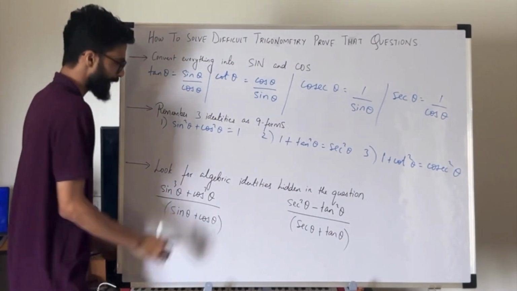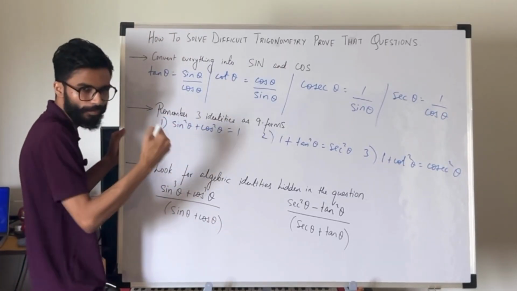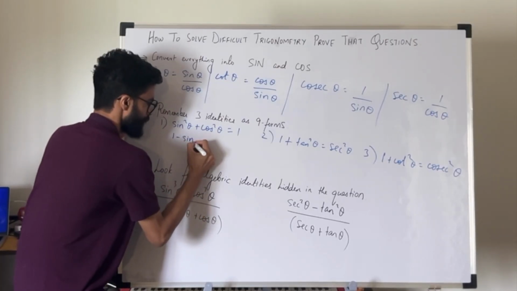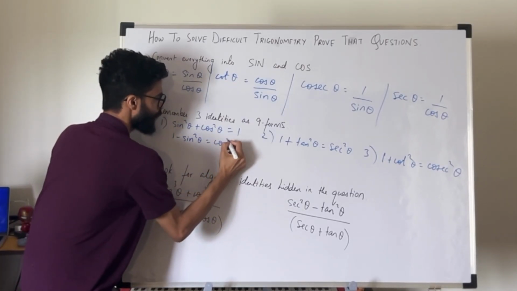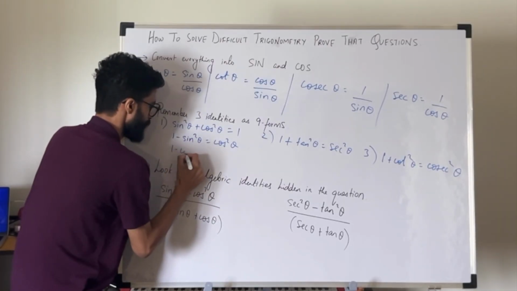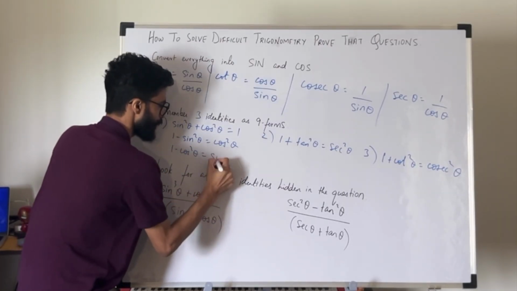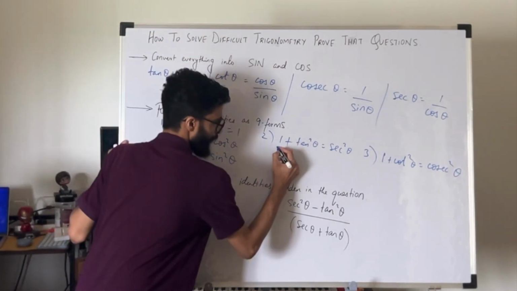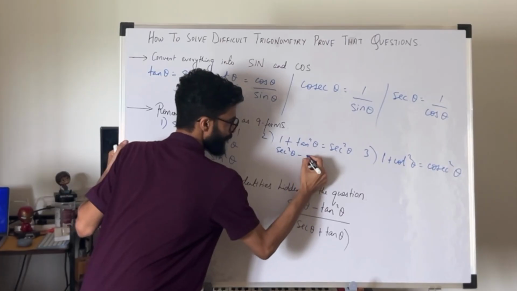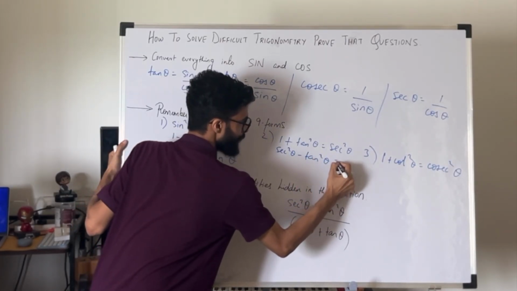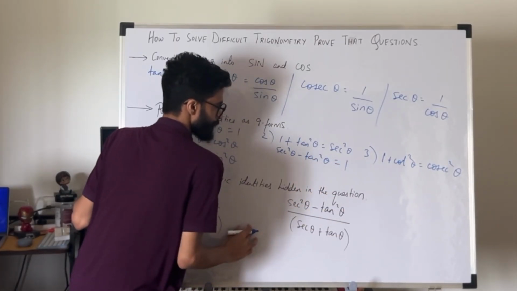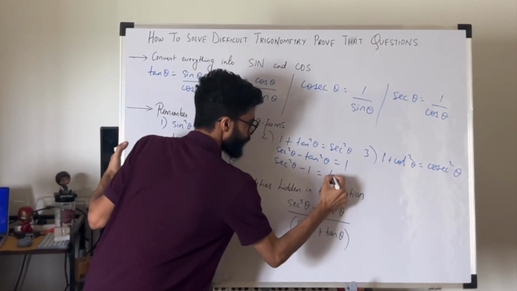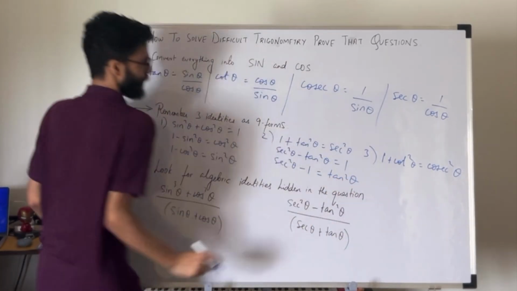Now I can write this in 2 more forms, which is 1 minus sine square theta equal to cos square theta, and 1 minus cos square theta is equal to sine square theta. Similarly, I can write sec square theta minus tan square theta is equal to 1, and sec square theta minus 1 is equal to tan square theta.